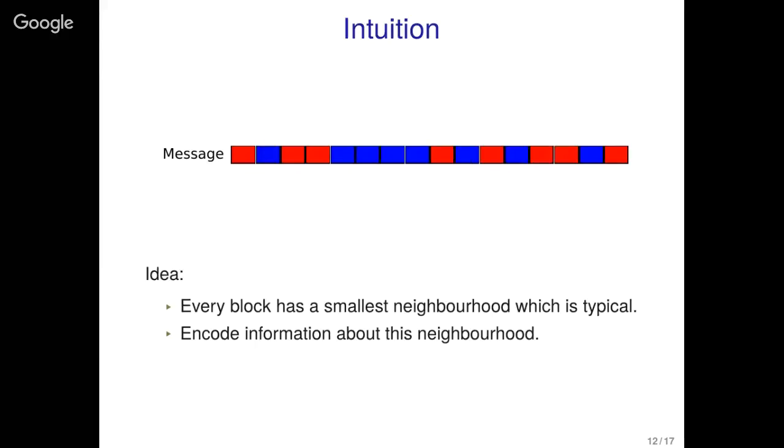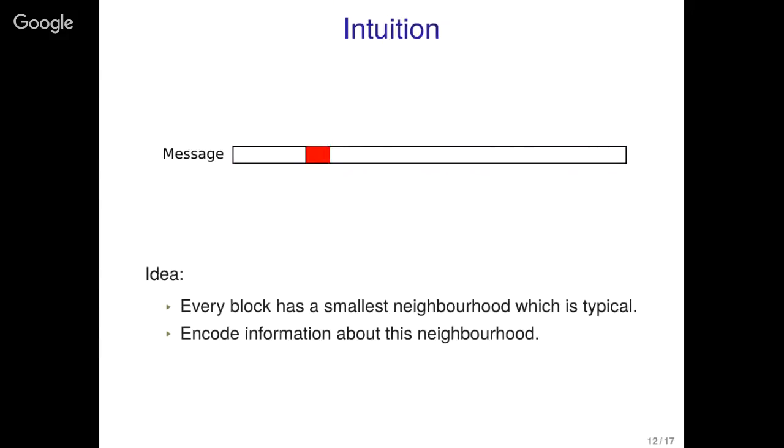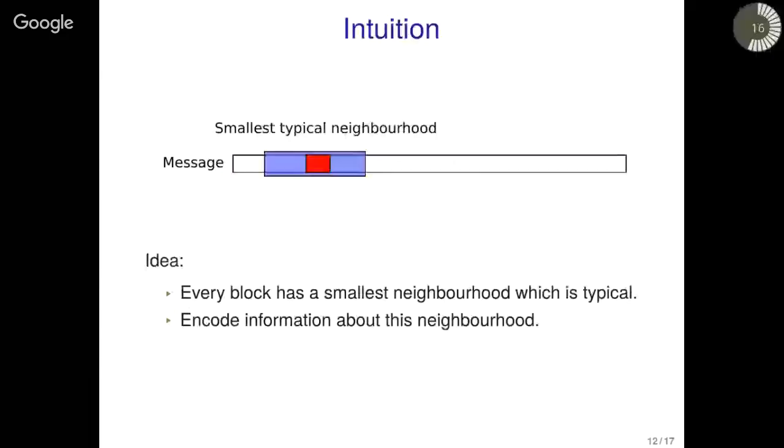However, even if we look at any atypical block, it turns out that we can always find a neighborhood. Given this block, you can find a neighborhood of symbols or a neighborhood of blocks. You expand the block till this chunk becomes typical.